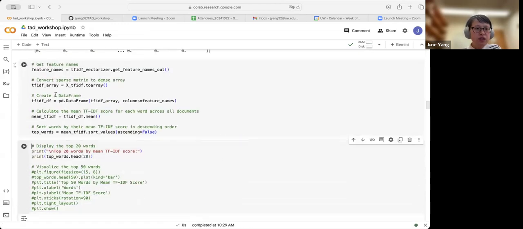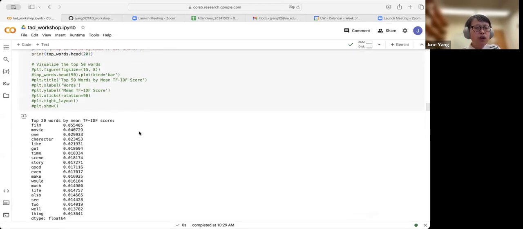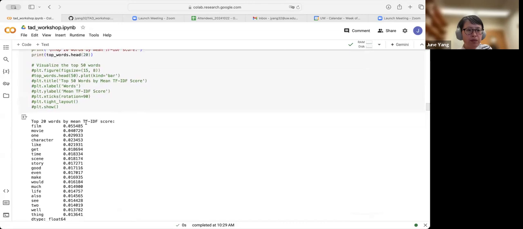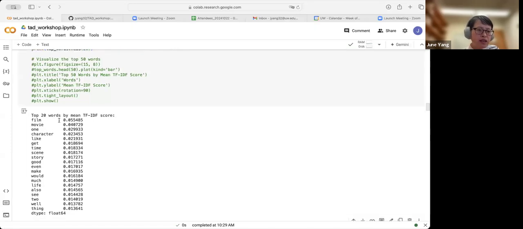And these are the functions for us to show what are the top words by their mean TF-IDF score. So the higher score means that a word is more important in this corpus. If we only look at these top words, I personally feel that it's not too much different from the count vectorizer's result, right? It looks pretty much the same as the step that we did above.